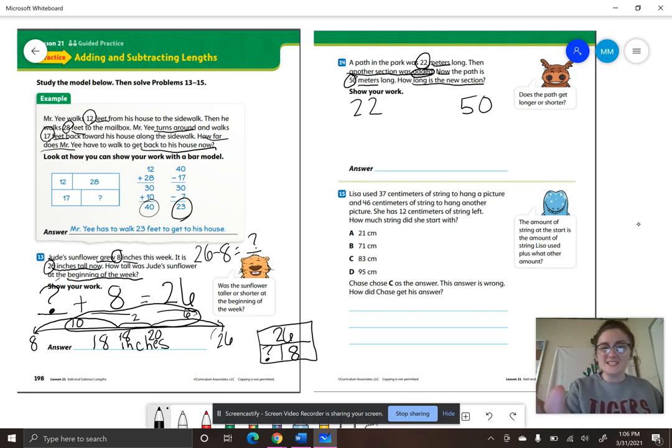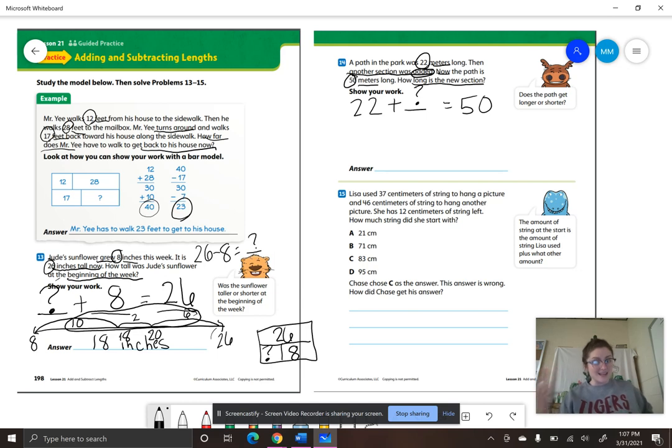We can make an addition equation. We know that altogether, the length of the path is 50 meters. So 50 meters is going to be our whole. What we don't know is the section that was added. We have the part that we know, and we know the whole. We need to find the missing part.